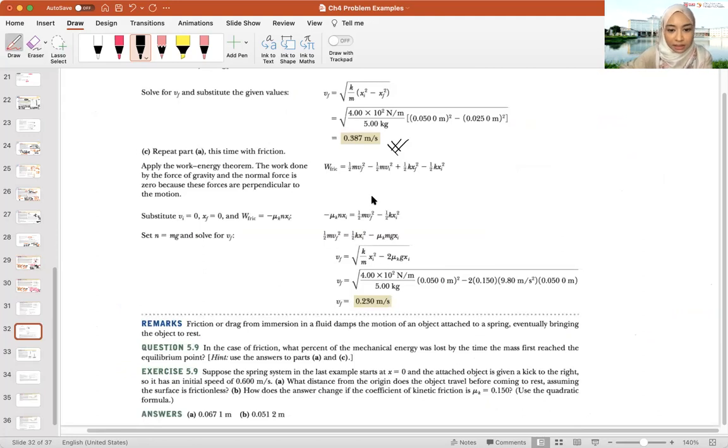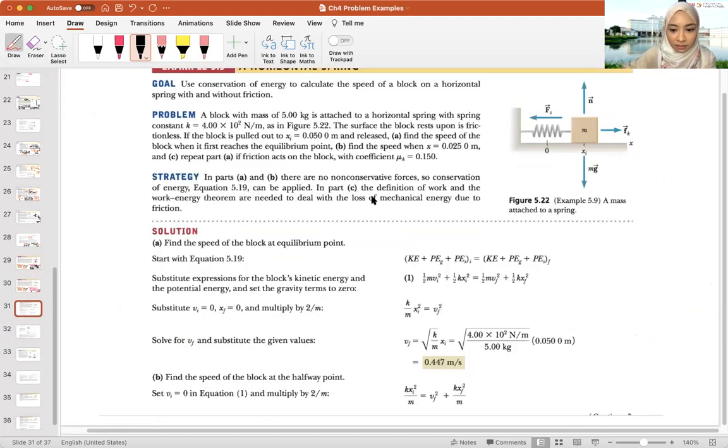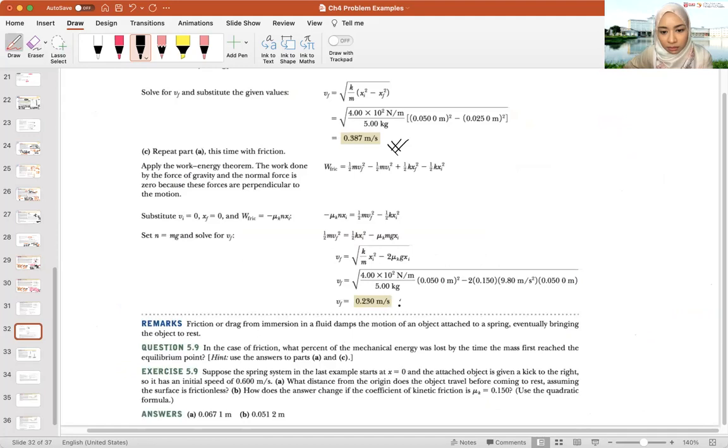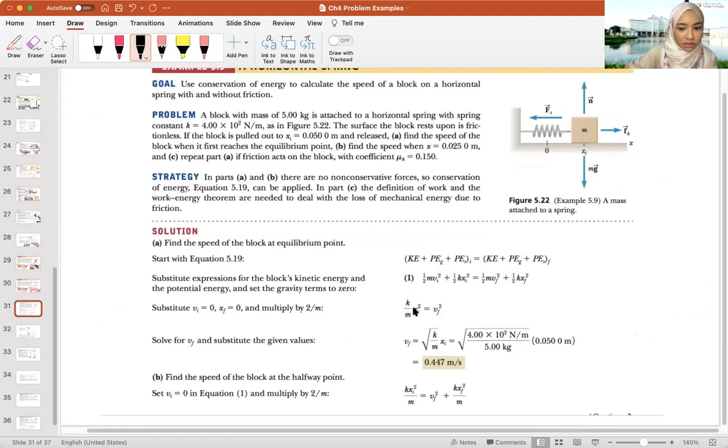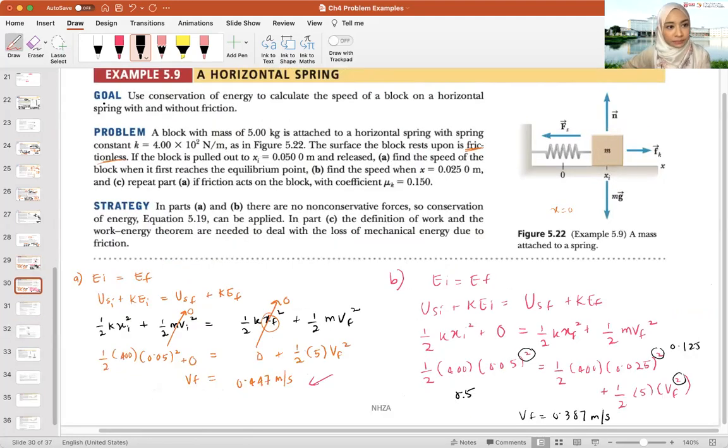Okay, so tersilap kira kot tadi, 0.23. Sebab sama dengan ni. So pakai equation saya kan? 0.23 tu kan? Betul tak? Okay. 0.23.